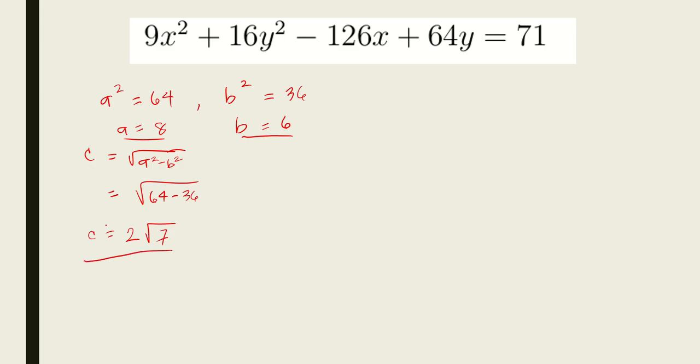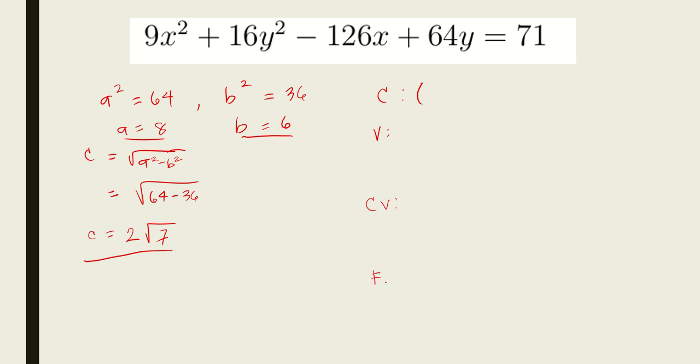We already have the value of c. Okay, we're complete already. Again, we have the a, the b, and the c, so we can now start finding the center, the vertices, the co-vertices, and the foci.